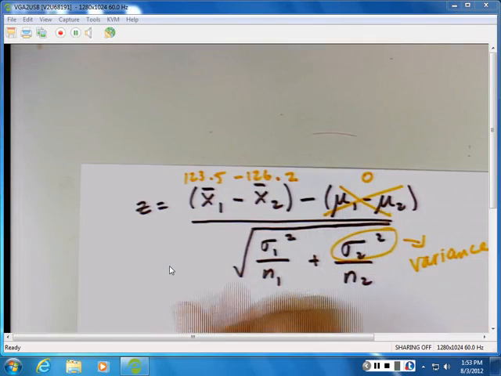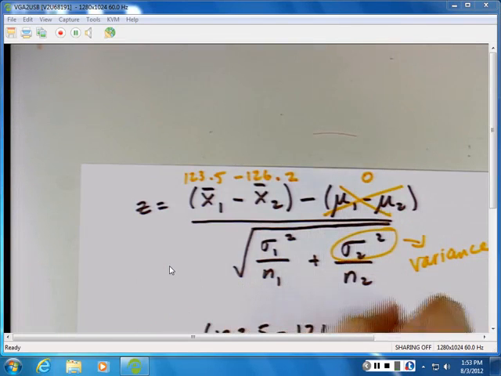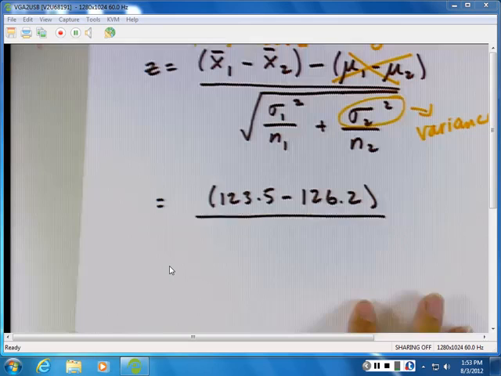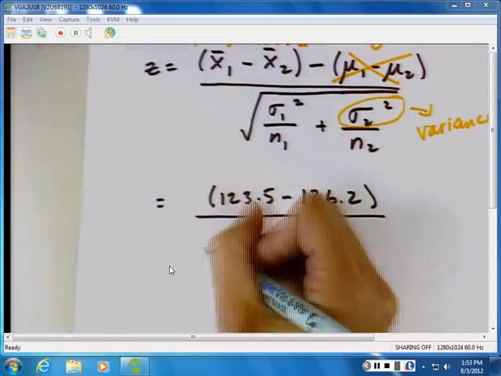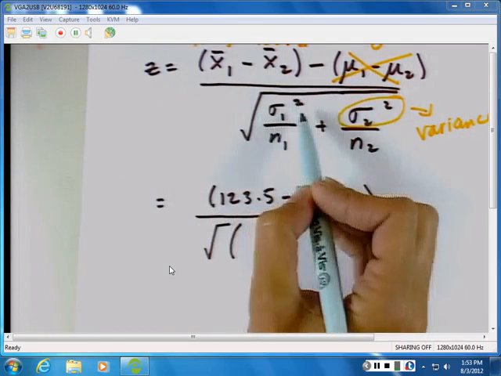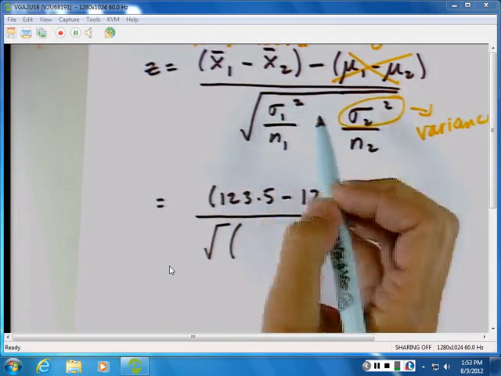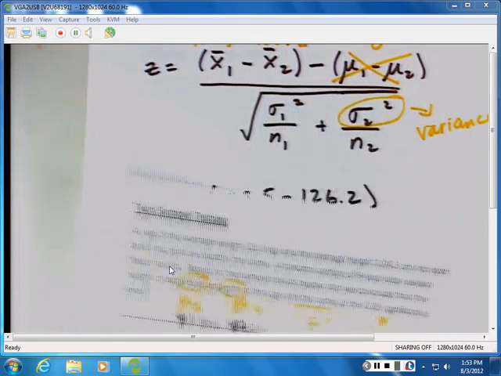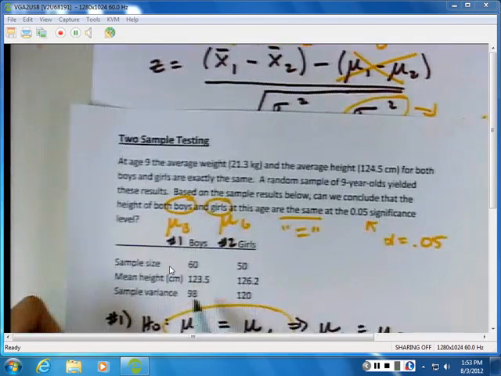So in your numerator, you want 123.5, notice I'm using parentheses, minus 126.2. That's because I want to divide that entire difference by the square root of, and I'm going to put parentheses here. This is the variance. And in this particular problem, I was given the variance. So I'm going to pick up that variance.